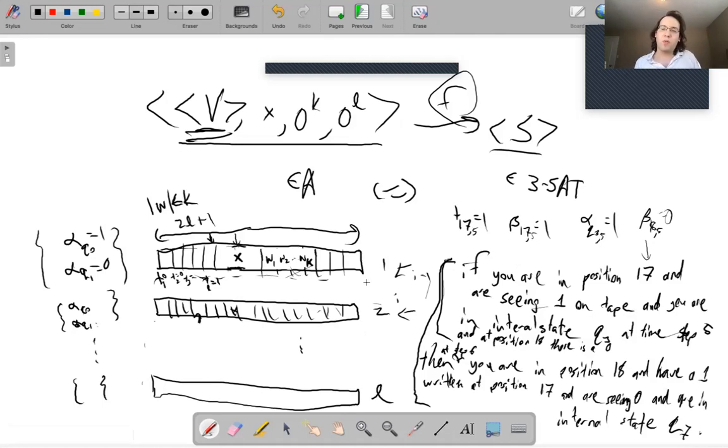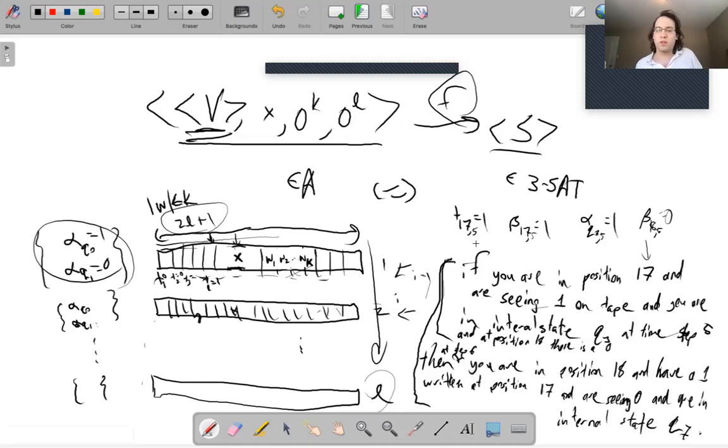And so you have these rules, and it turns out there are only polynomially many such rules, in terms of the number of positions of the tape, which is like 2L plus 1 that you need to consider, and the number of configurations you need to consider, which is L. Okay, and then the number of internal states, and you're basically just polynomial in all of these.